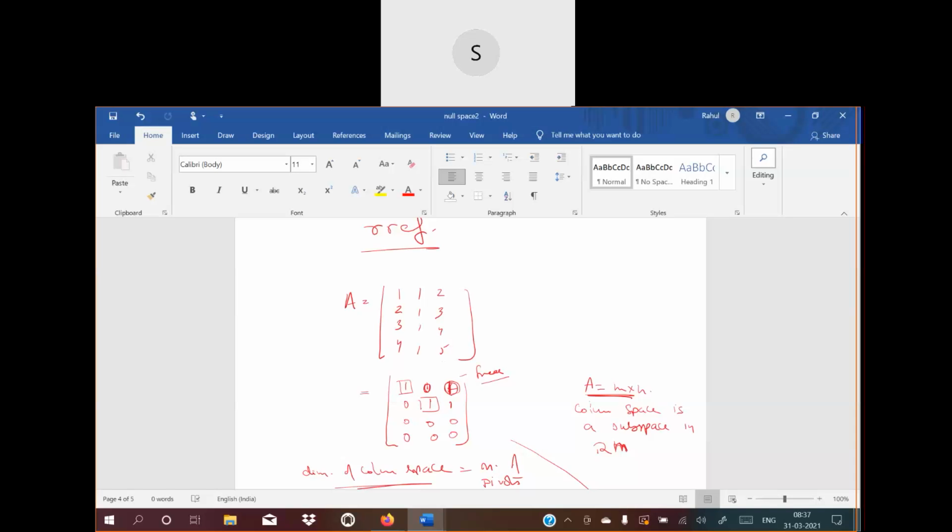There it is Ax equal to B, and here it is Ax equal to 0. But for both we are trying to find the number of pivots, because we know that columns which correspond to the pivots are linearly independent, therefore they will make the basis. So all the definitions come from what we have already done.